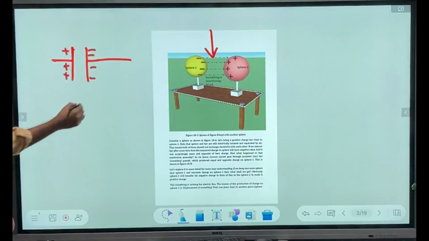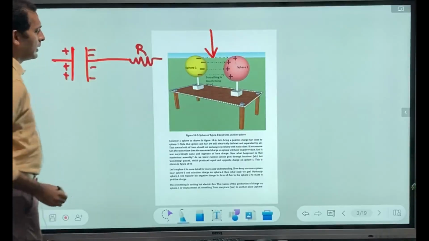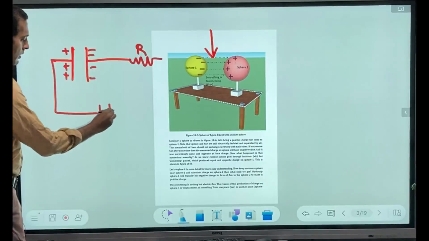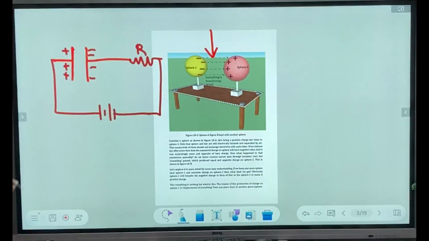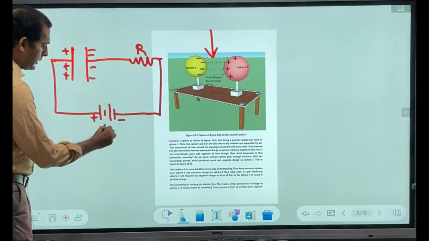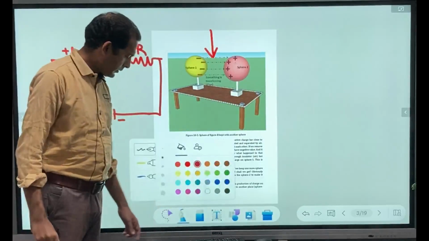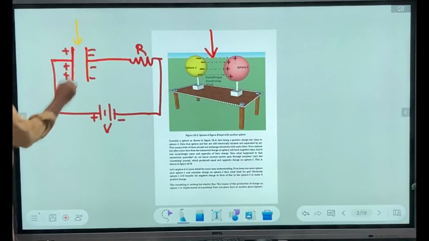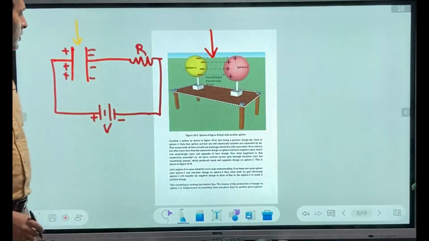Now if we connect other passive elements in the circuit, for example say R is connected, and this whole thing we connect with a battery or voltage. Now this circuit is technically, practically a correct circuit. But what is the definition of a circuit? A circuit says that there must be a closed path. But if the capacitor ends are open, then how can it be a closed path? It cannot be a closed path.